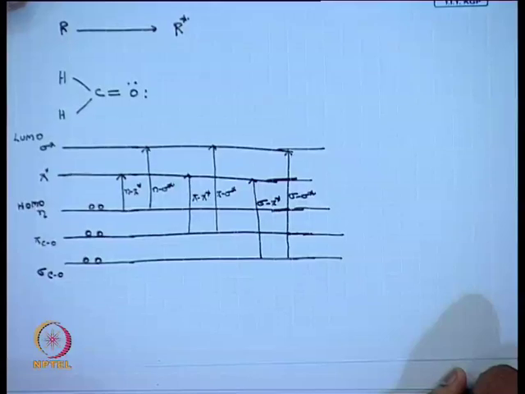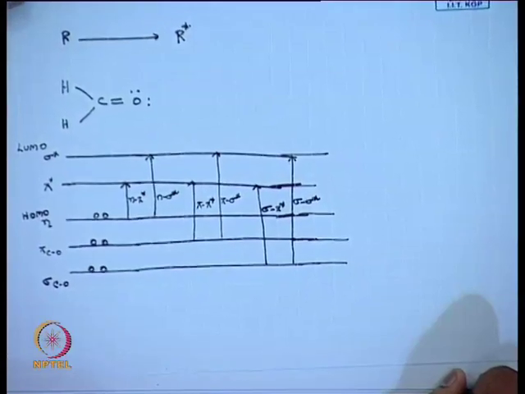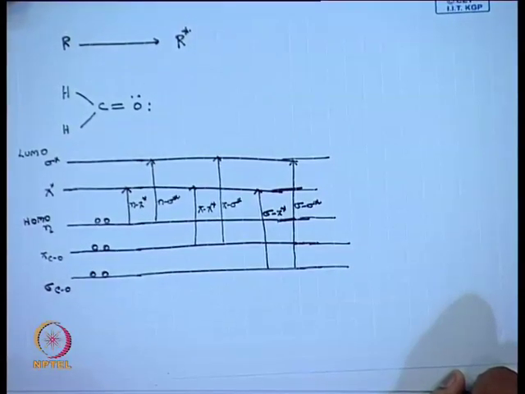So, if you take a formaldehyde and shine light, you can see 6 types of transitions. From non-bonded you can see 2 transitions, from pi 2 and from sigma 2 transitions. That is good.